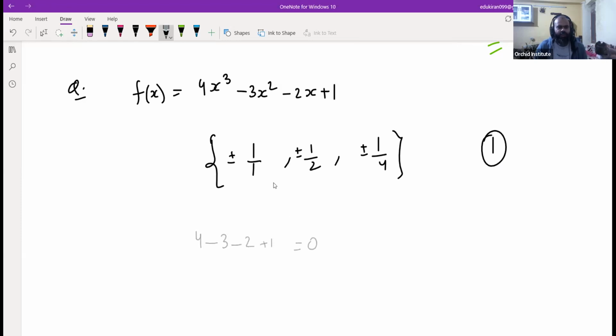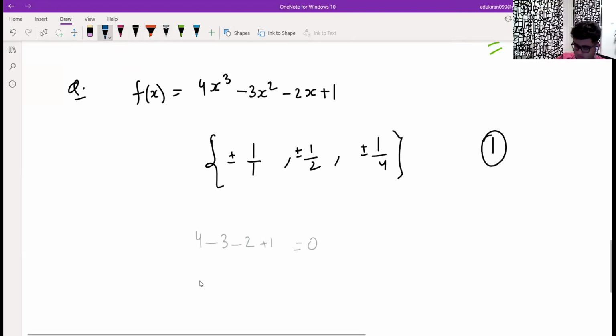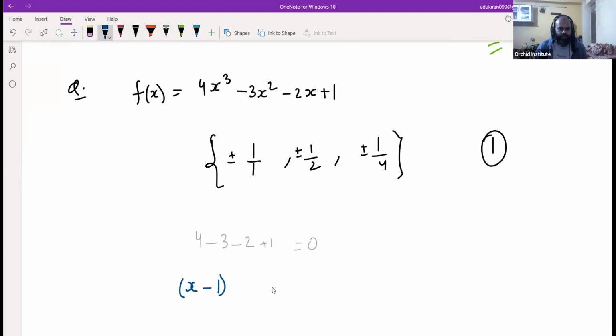So this will be x minus 1. Now you divide this cube by x minus 1 and find the quadratic as the quotient.